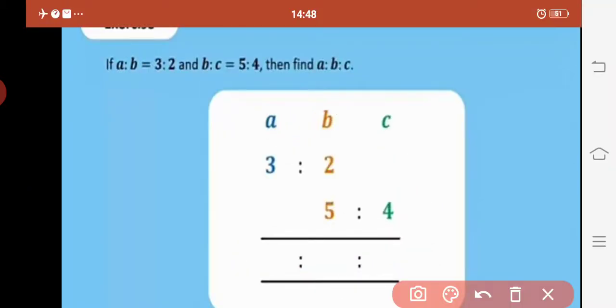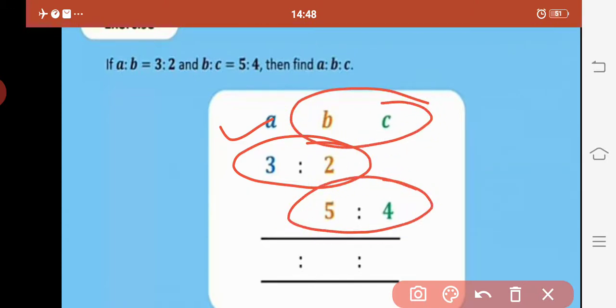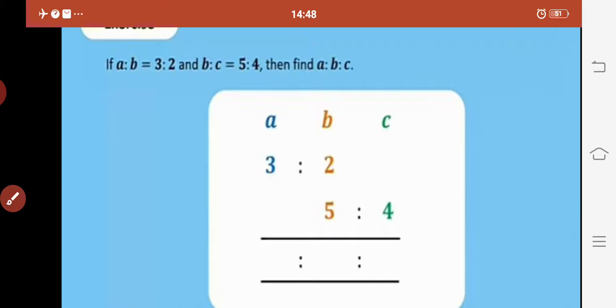Now let us come to one numerical. A ratio B is 3 ratio 2. B ratio C is 5 ratio 4. Now here again the B value is different, therefore again we will follow the same rule which we have studied just before. How are we going to calculate A? A means antecedent of first with the antecedent of second.